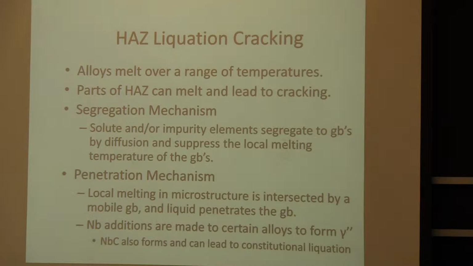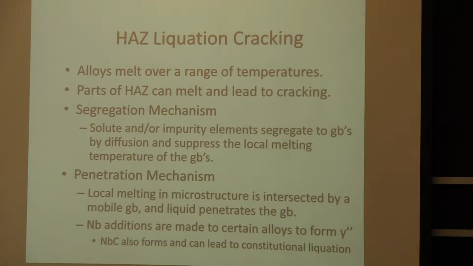And then, like I said before, you've got grain boundaries that are moving around, and so sometimes you've got a particle or something that melts, and then you've got a grain boundary that sweeps along. And what happens is, as that grain boundary sweeps along into that particle that's melted, then the liquid can run along the boundary, and that's actually called constitutional liquation.